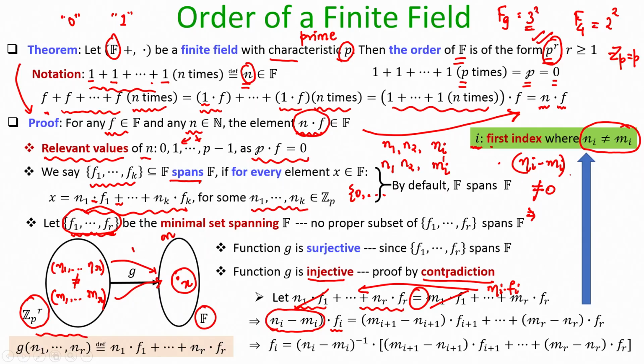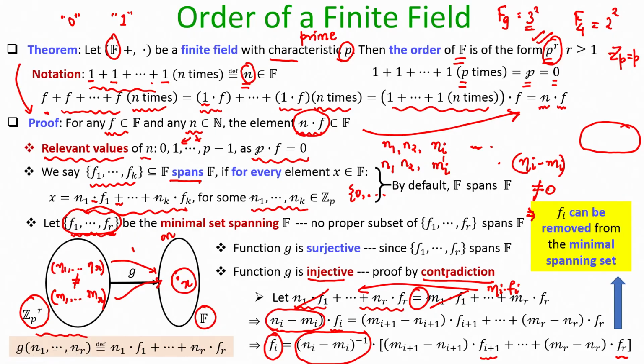That means I do have an element which I can denote by this notation, which when multiplied with the difference of Ni and Mi will give me the multiplicative identity, namely 1. So, if I multiply with the multiplicative inverse on both the sides, I basically get the fact that Fi can be expressed in terms of Fi plus 1, Fi plus 2 and Fr.